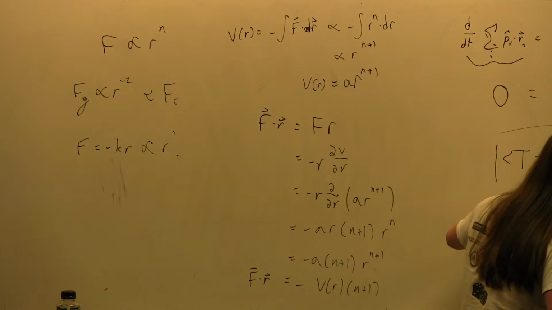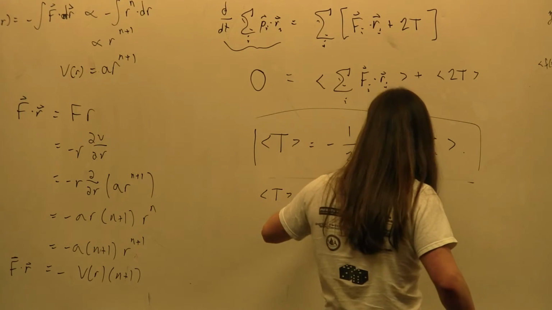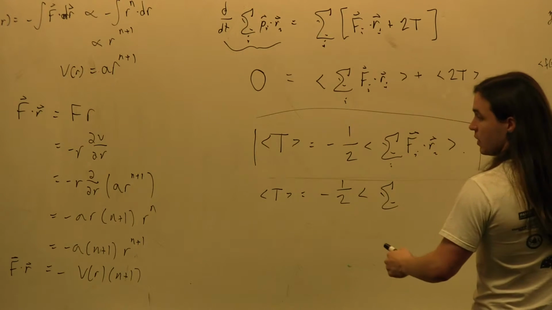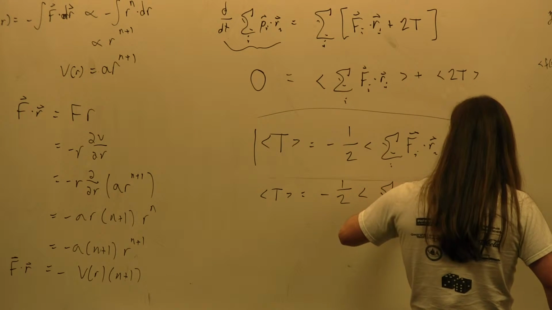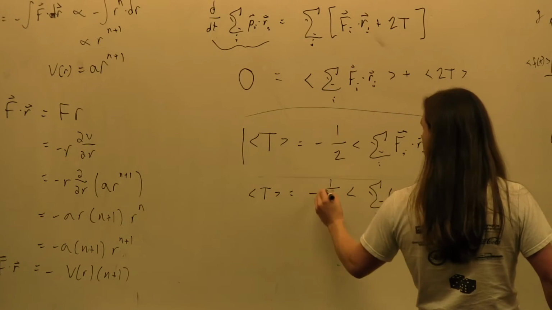We have that the average kinetic energy for this force law that is proportional to the nth power of r is equal to minus 1/2 times the average value of this summation. And this summation is going to be equal to n plus 1 times V of r. We're just going to insert directly that definition.